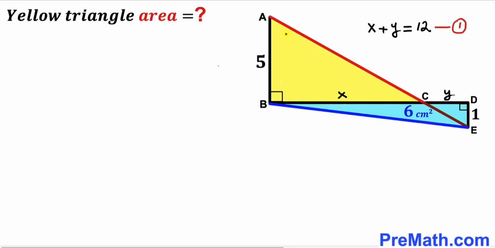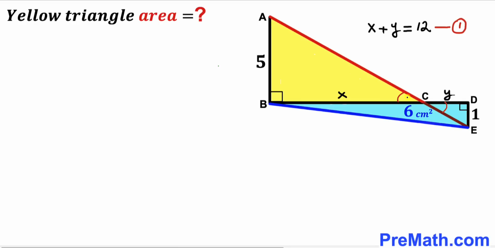In the next step, we consider these two right triangles, the yellow shaded right triangle ABC and this tiny right triangle CDE. We can see that this angle is congruent to this angle since they are vertical angles.